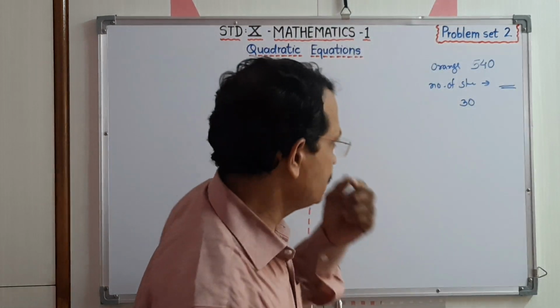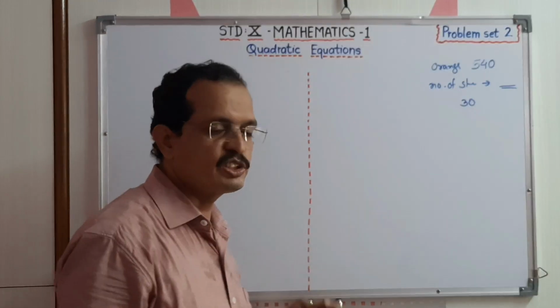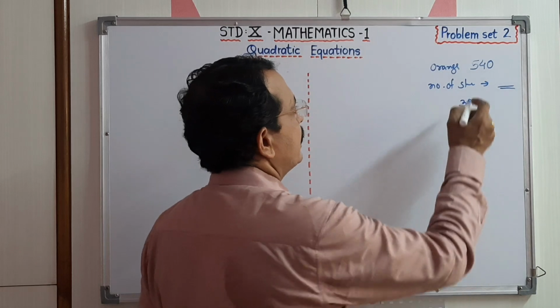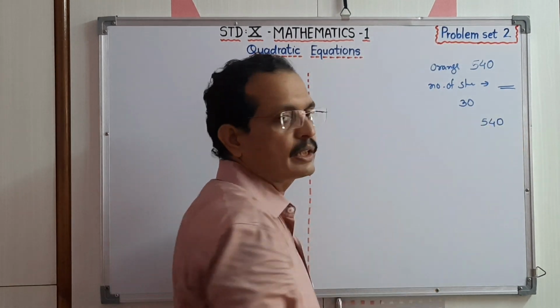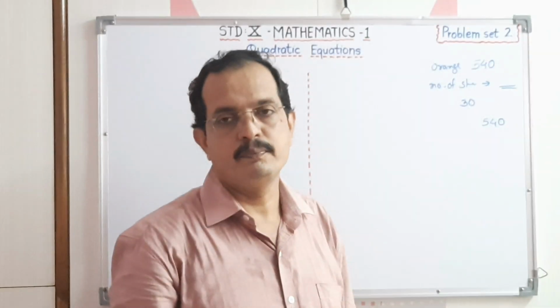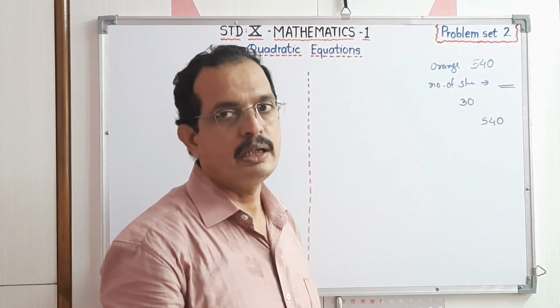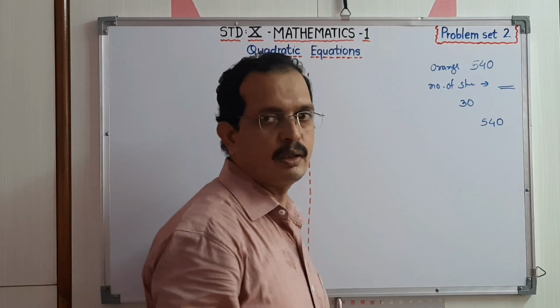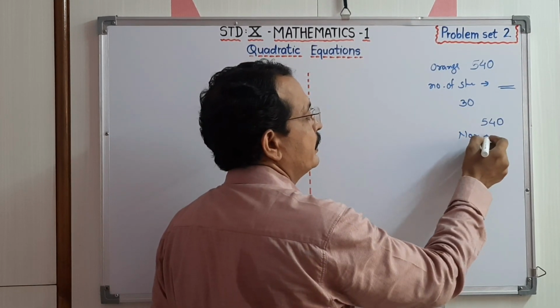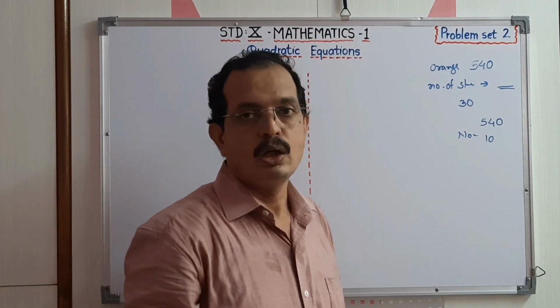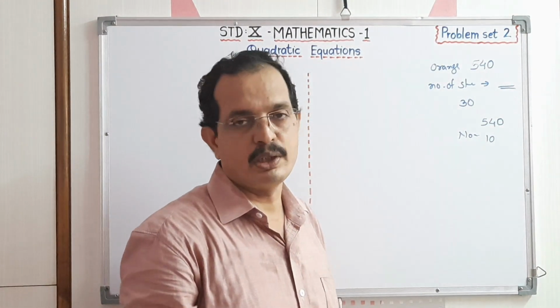Now dear student, see here, suppose there are a total of 540 oranges and there are 10 students. Then each student will get how many oranges?